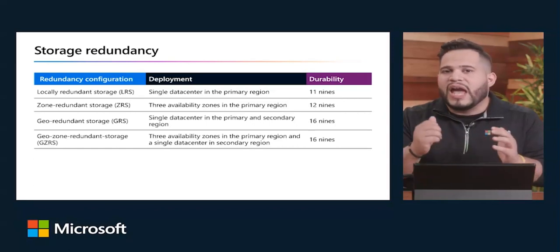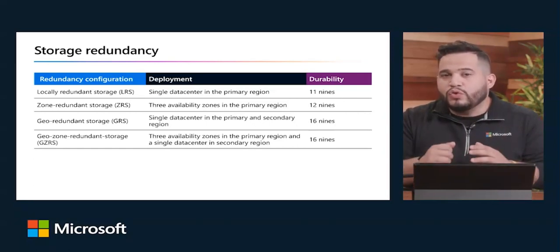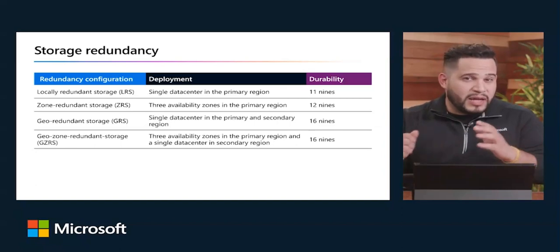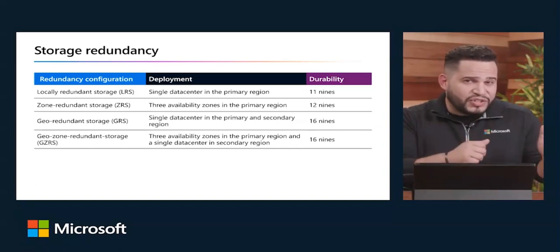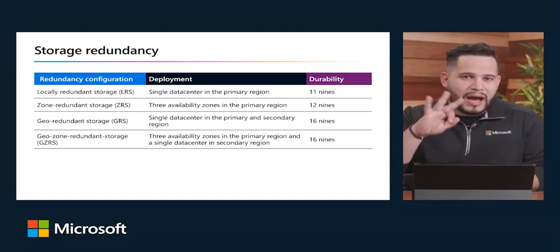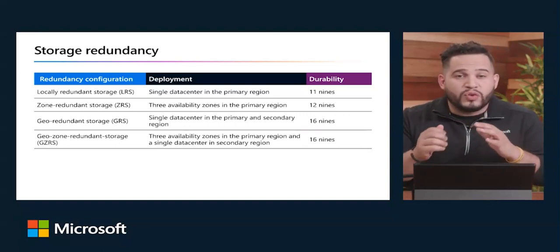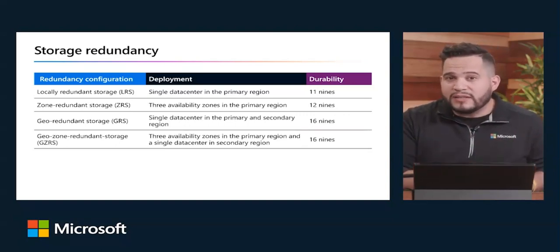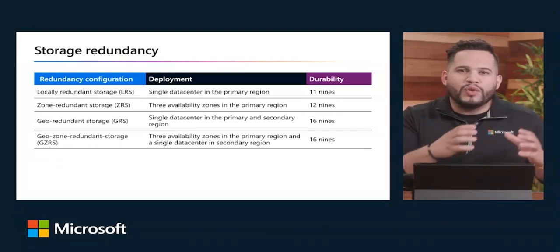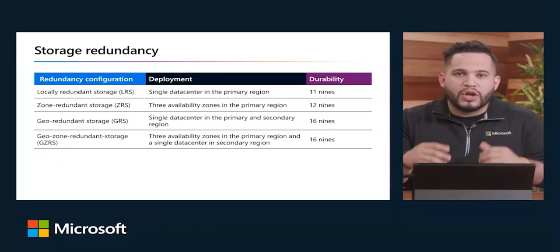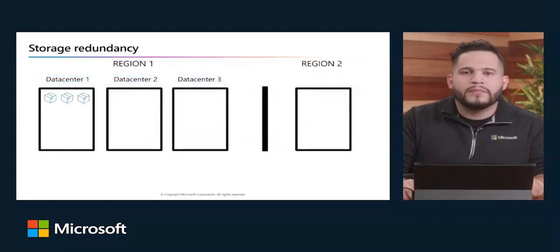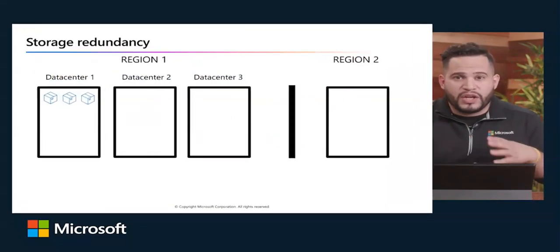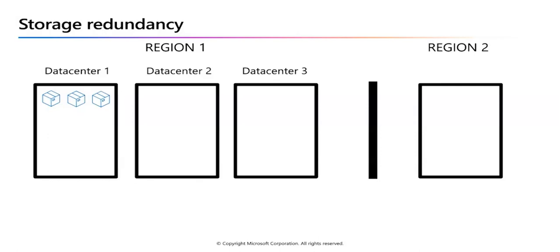And essentially, every single time that you create a storage account and you upload data into it, Azure is then making 3 copies of it. And the way that those 3 copies are going to be stored and organized depends on what redundancy option that you select. So, for example, if we start with locally redundant storage, also known as LRS, here, as you can see, you have 3 copies of your data in a single data center in a single region.